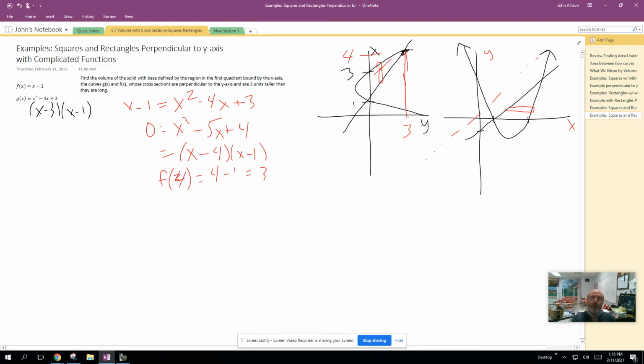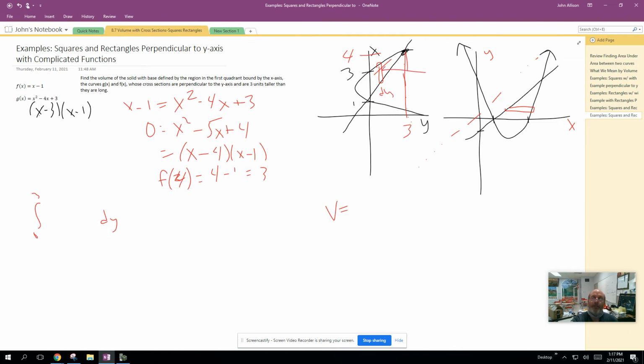So since I'm working with this region here, my integral will be set up from 0 to 3 and integrating with respect to y. So now we just need to figure out what these cross sections are going to look like. So I have the volume of a single cross section. I need to draw the cross section. The width of the cross section is dy.